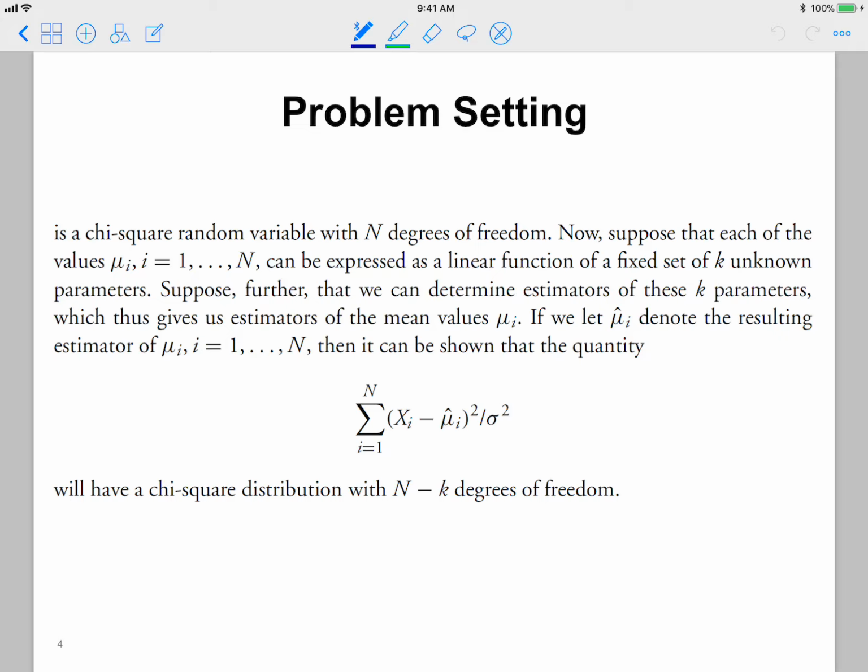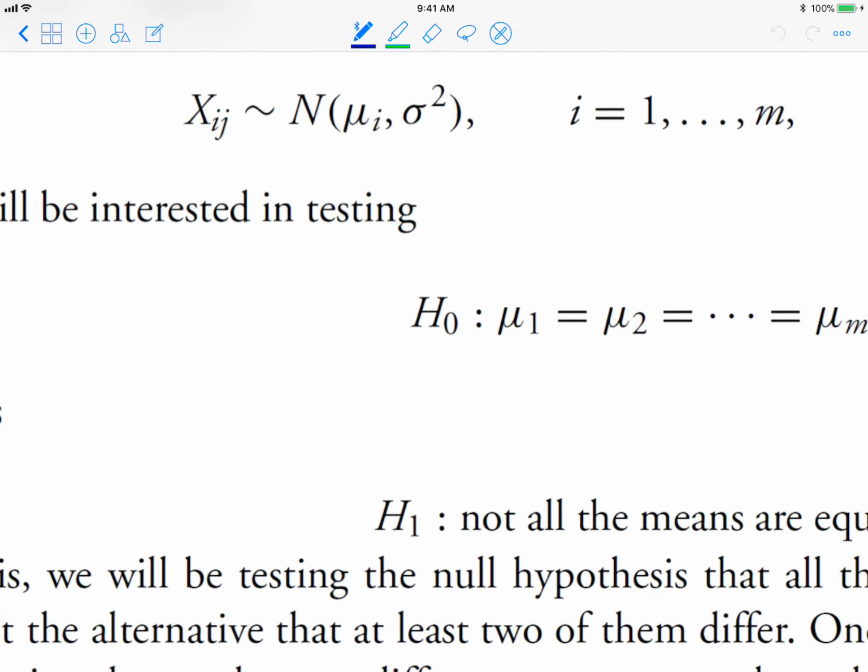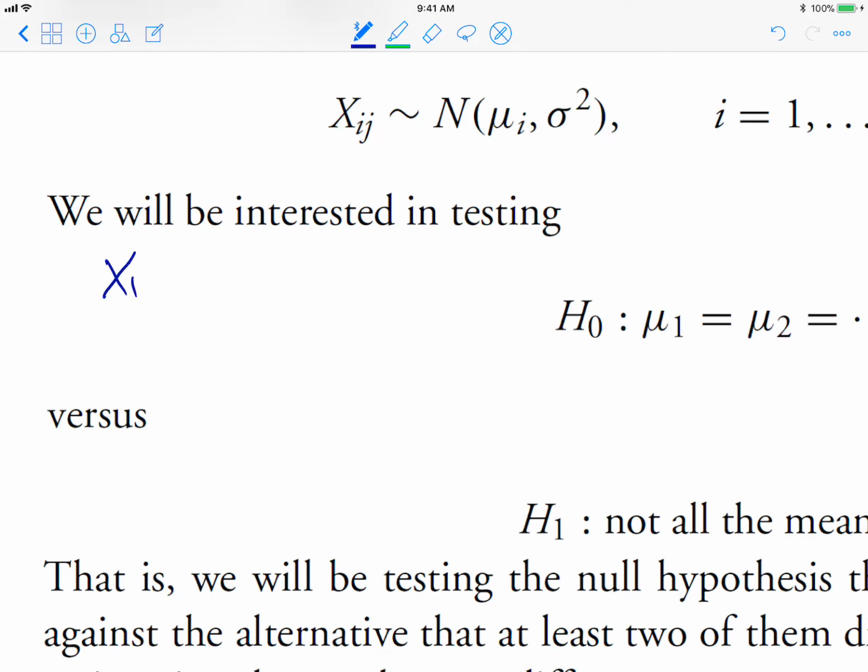Okay, and then let's think about this case. So x11 minus mu1 squared, and x12 minus mu1, because mu1 is the true parameter.